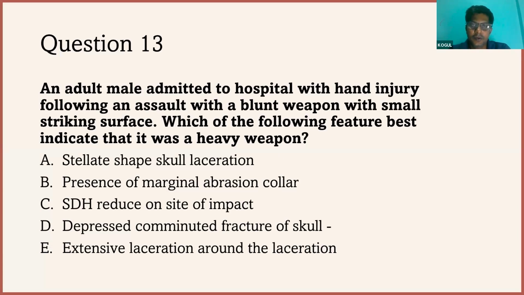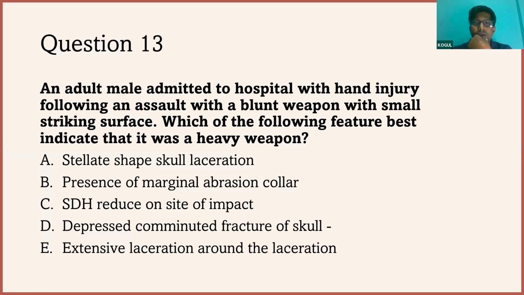Adult male admitted to the hospital with a head injury, following assault with a blunt weapon with a small striking surface. Assault, blunt weapon, small striking surface are the keywords. Which of the following features best indicates a heavy weapon?